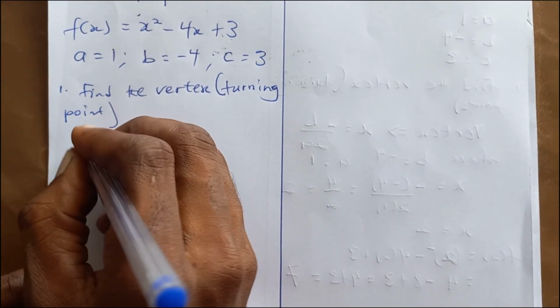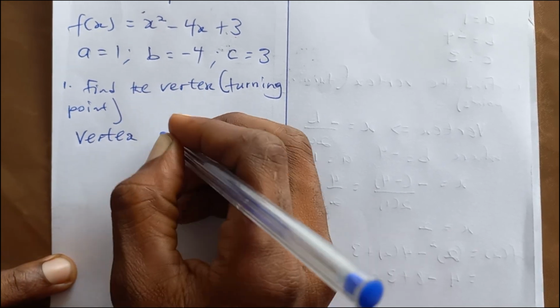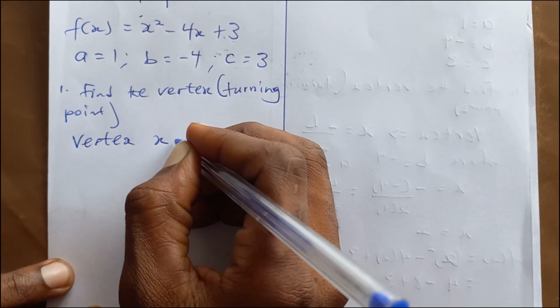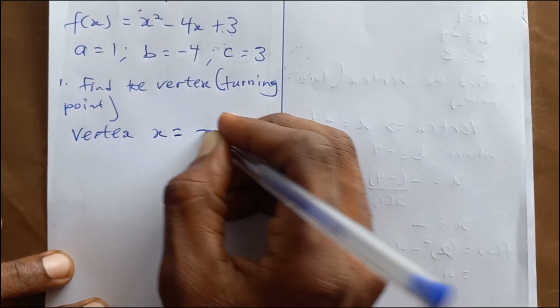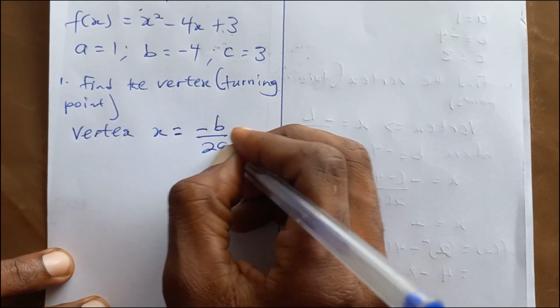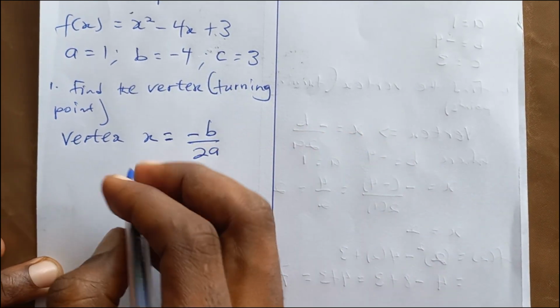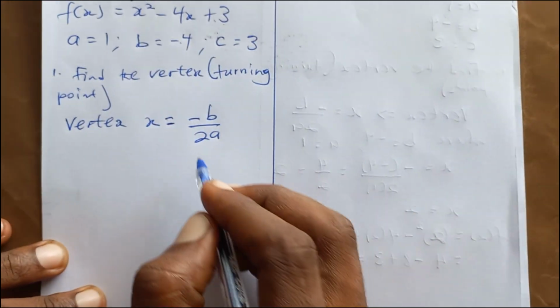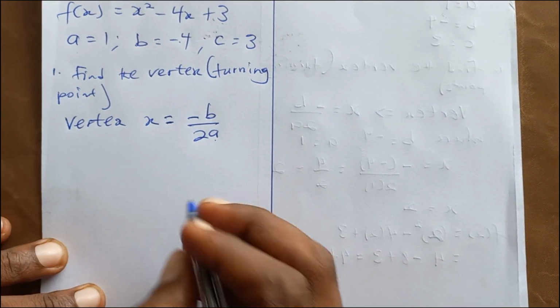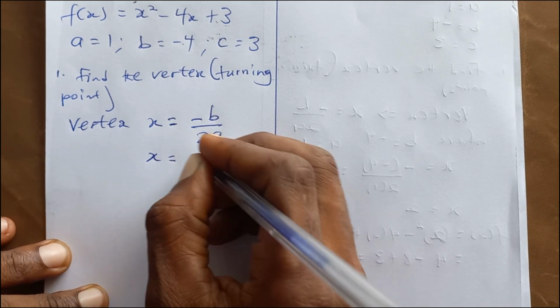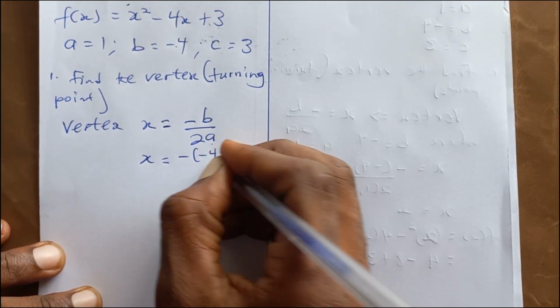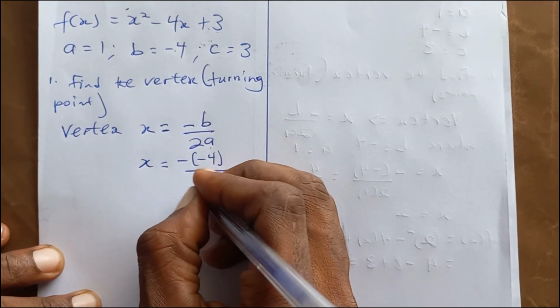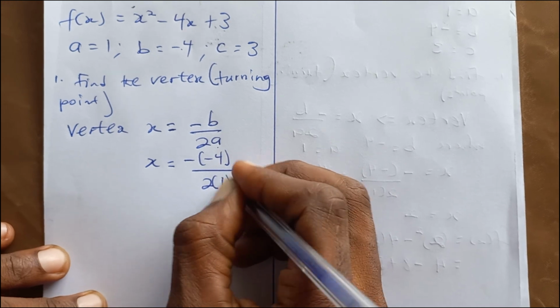Okay, so to find the vertex, we use the formula x is equal to -b over 2a. Where in this case our b is -4 and our a is 1. So we are going to get x is equal to negative, in brackets -4, over 2 multiplied by 1.